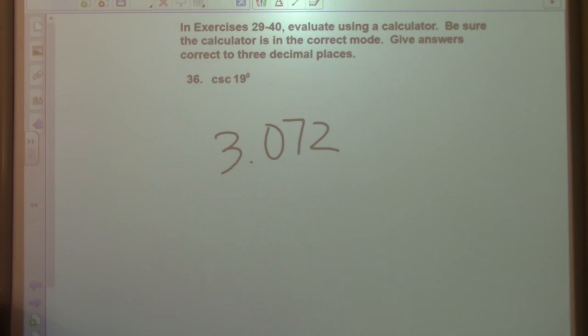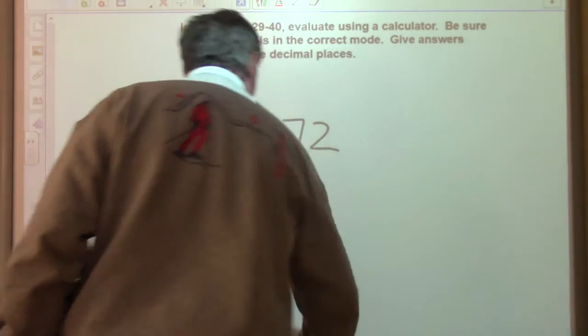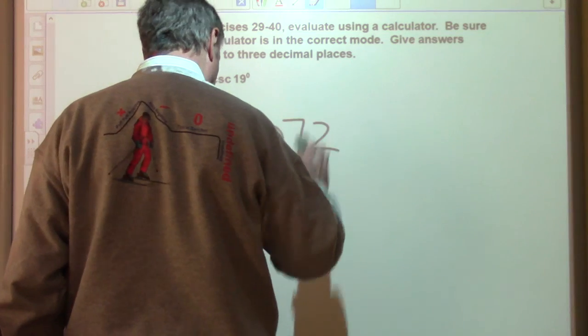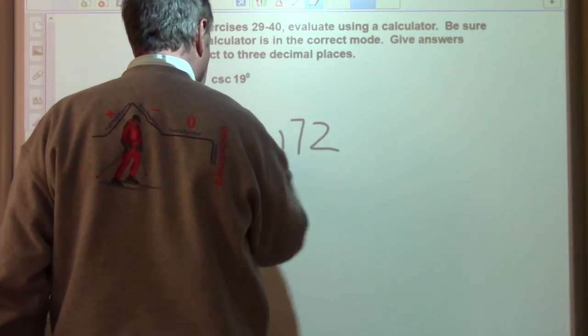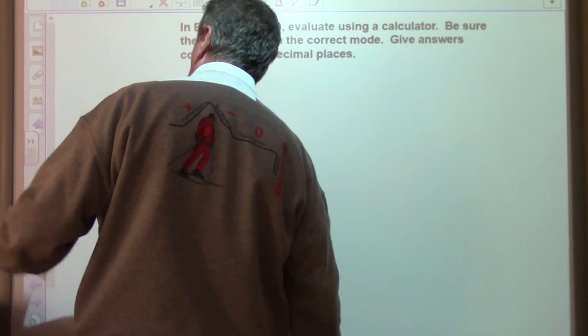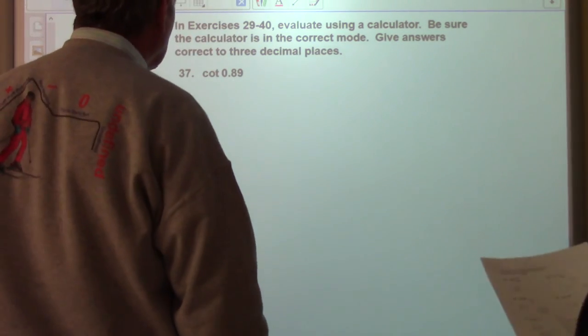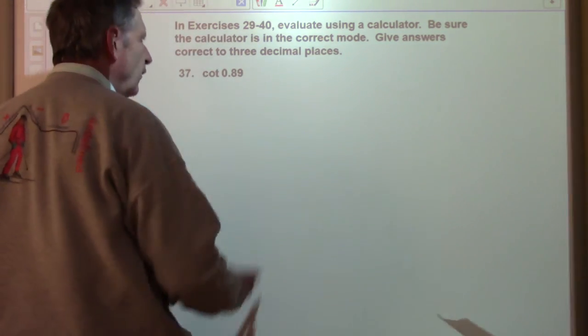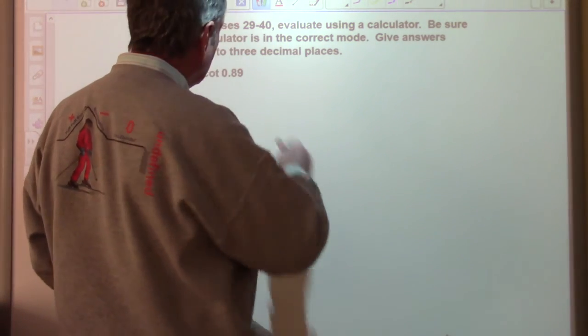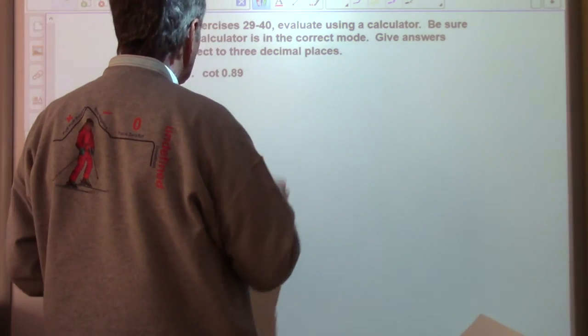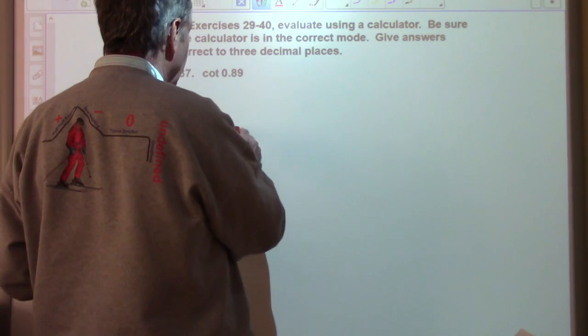37, we have cotangent again. Mr. G, I just did this one normally because nobody knew what to do since .89 didn't have a degree. So I just plugged it in how I would work it. Oh, I'll tell you what it is. This is supposed to be in radians. If you see a number like that with no degree sign, it's going to be radians. If you leave it in degrees, it's not going to be the same.